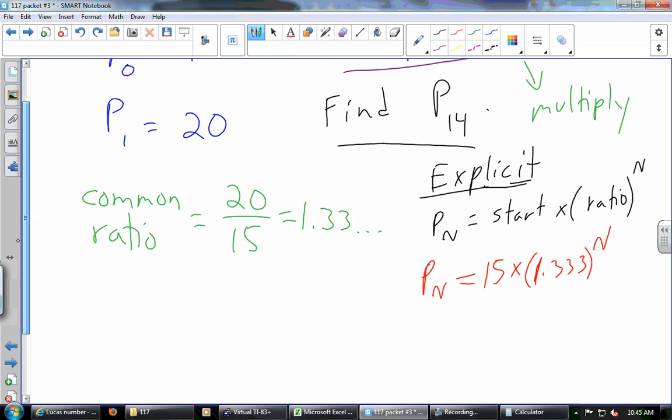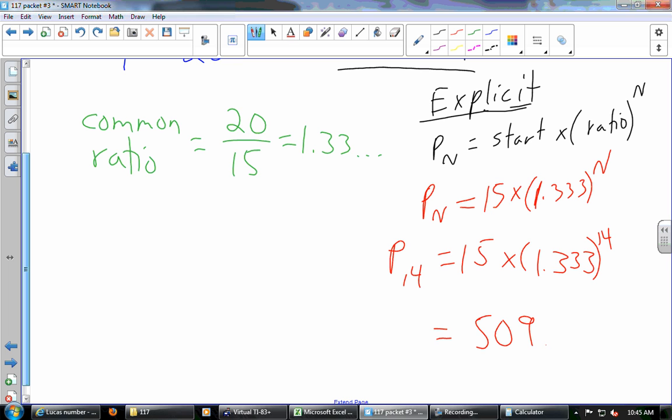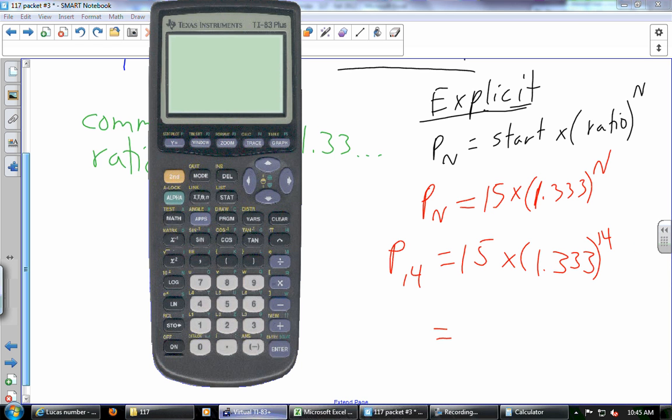So let's just get our final answer and then we will call it a day. The 14th number, I'm copying everything except that n, which becomes a 14. Can somebody type this in for us? $590. Wait. Let's double check.